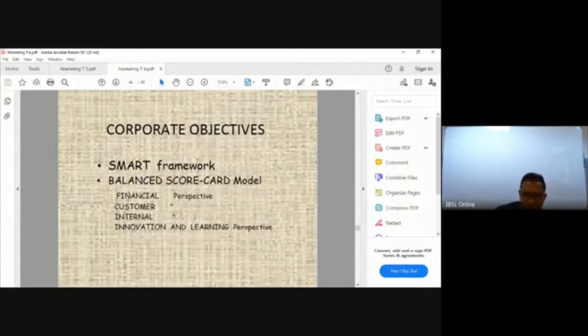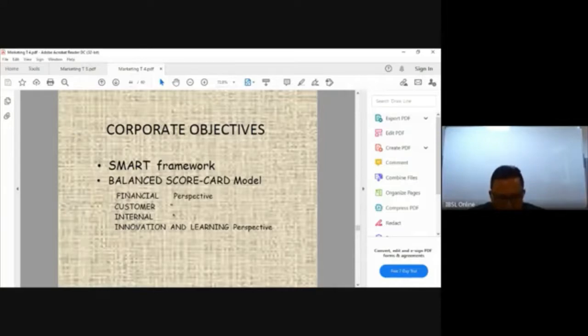So the advantage and the importance of setting correct objectives is very, very much, because if you do not set your objectives right, you won't be able to get to the destination that you want to get to.